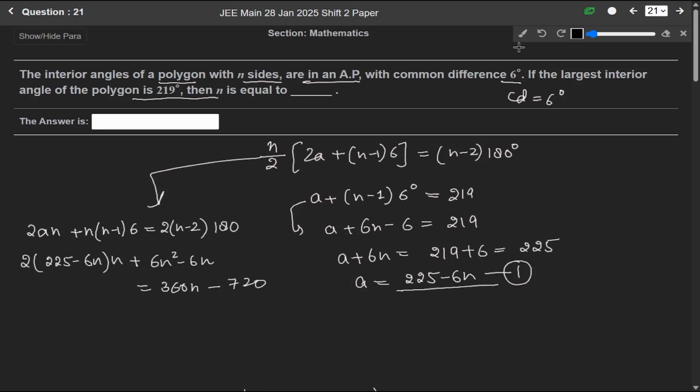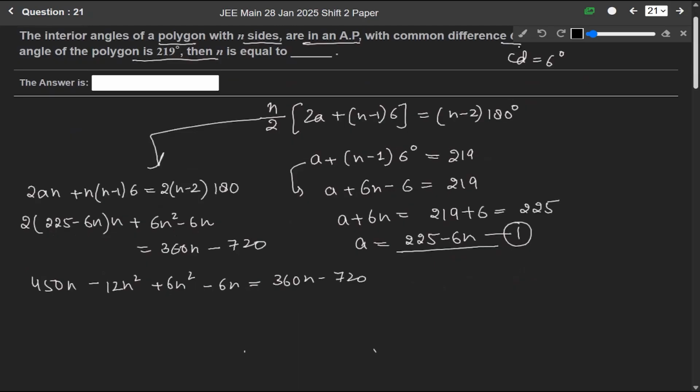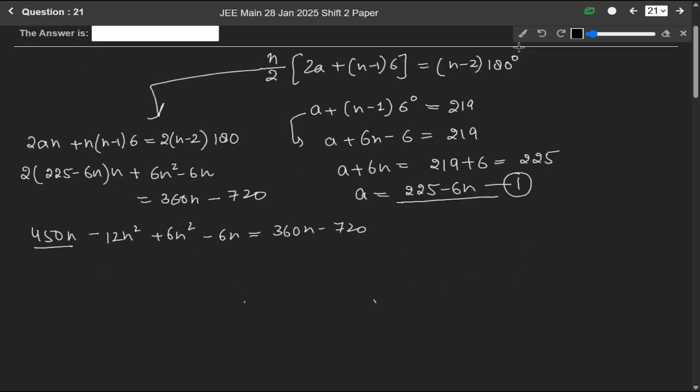So solving it, we get 450n minus 12n square plus 6n square minus 6n equal to 360n minus 720. Okay. Now 450n minus 6n, so it will be 444n minus 6n square, and it will be 360n minus 720.